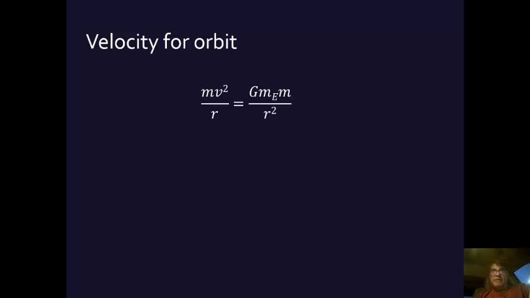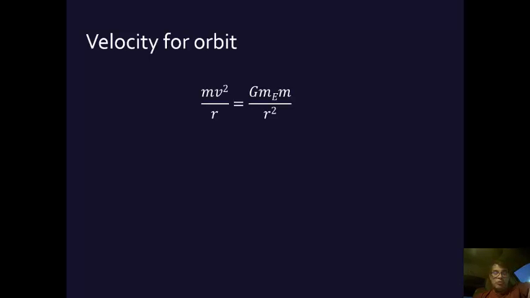If you have something spinning in a perfect circle, then the acceleration inward at any point is going to be the velocity squared divided by r. So by multiplying that by the mass, F equals ma, we've multiplied the acceleration times the mass of the thing accelerating. So now we can set these two equations equal.